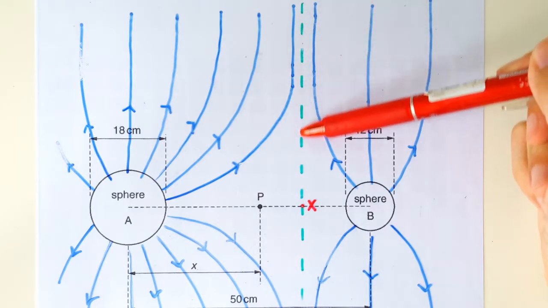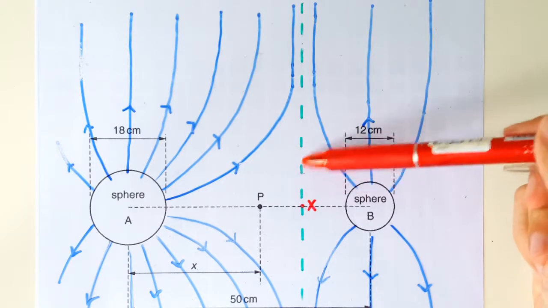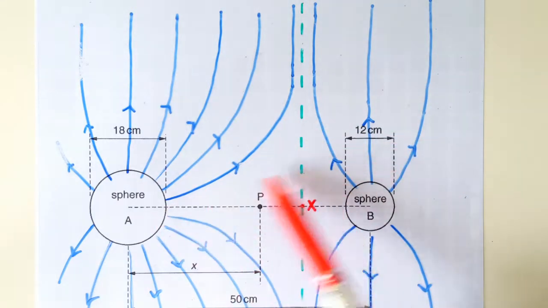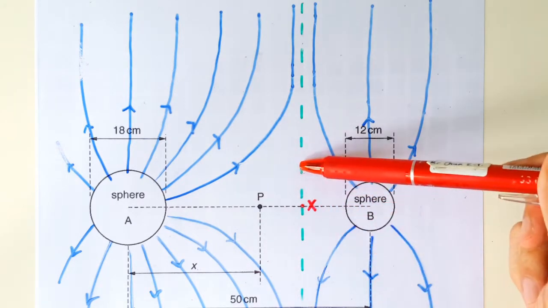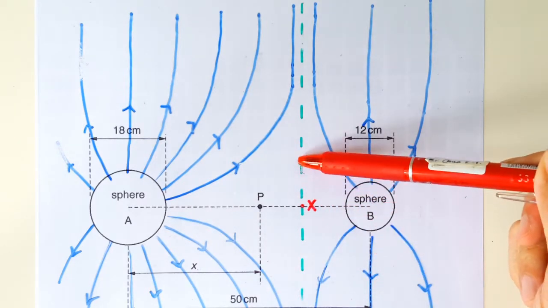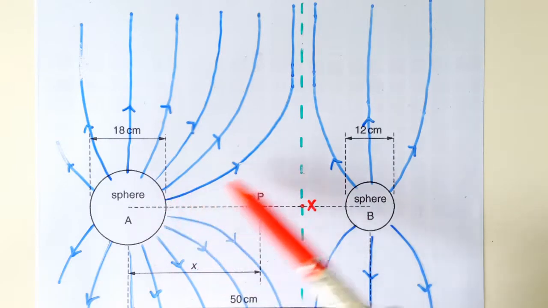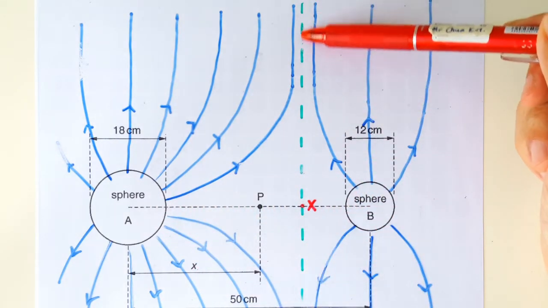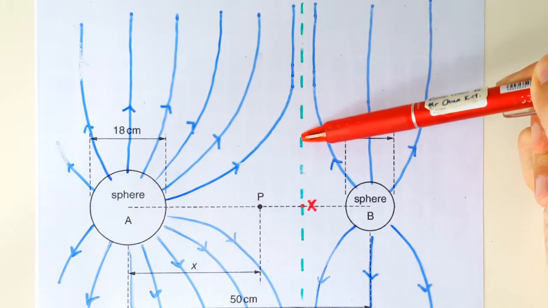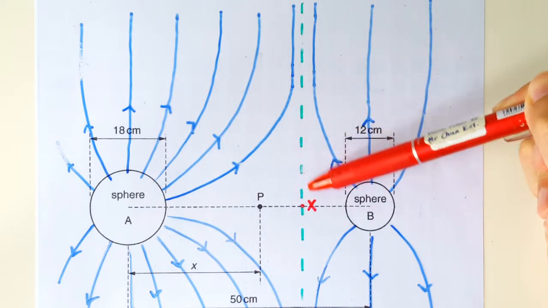But when you're nearer here, surely the resultant of the two attractive forces will not be directed this way. Either this guy pulls it stronger or this guy pulls it stronger. So the path will not stay on this straight line. It will either veer one way or the other.